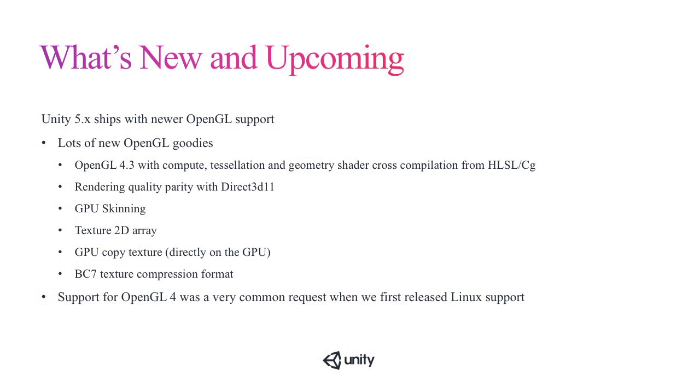We finally got support for OpenGL 4.3, which gives us compute, tessellation and things like that. I think this is really exciting because we effectively get rendering quality parity with Direct3D 11. Back when we shipped Linux runtime support in Unity 4, support for OpenGL 4 was a super common request, and we have all that now.